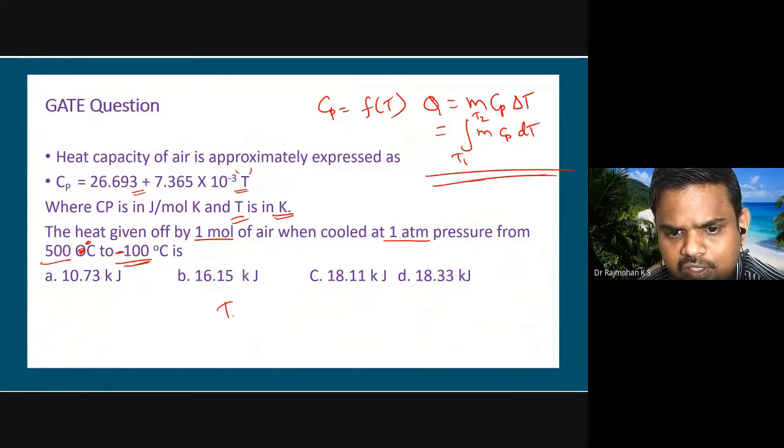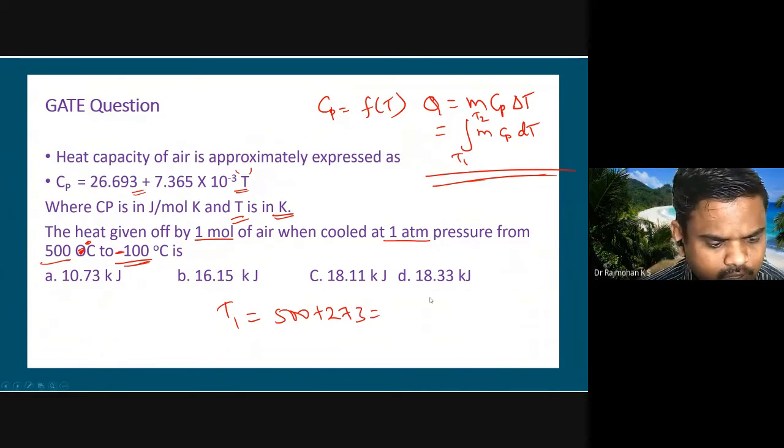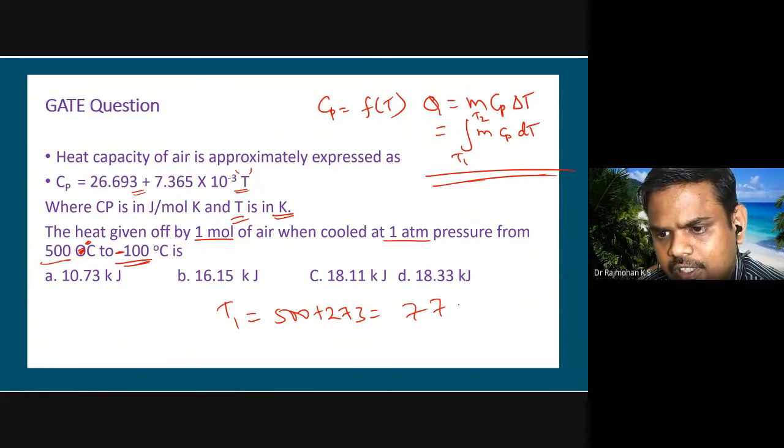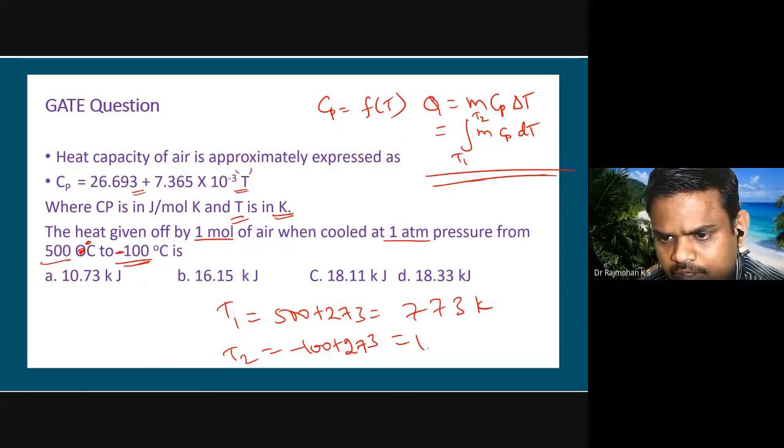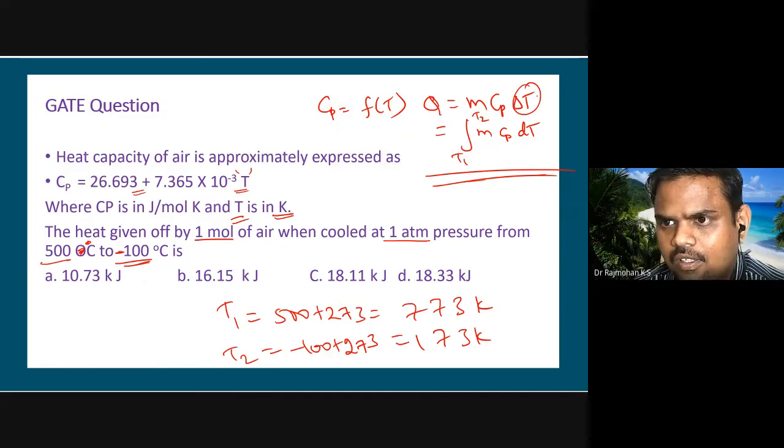T1 is 500 plus 273, which is equal to 773 Kelvin. T2 is minus 100 plus 273, which is 173 Kelvin. So in the integral we know T1 and T2, so we can write the value. Okay, so we'll solve it.